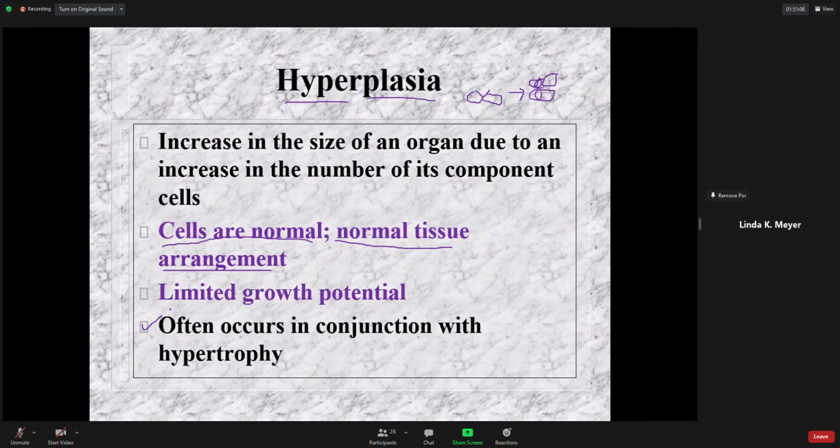Okay, so it's an adaptive change, and if we take away the stimulus, it can return to normal, or it can shrink down to a degree. Sometimes these areas of hyperplastic tissue don't shrink back down to normal 100%, and these may have to be surgically removed. But this is an important characteristic, that they typically have a limited growth potential.